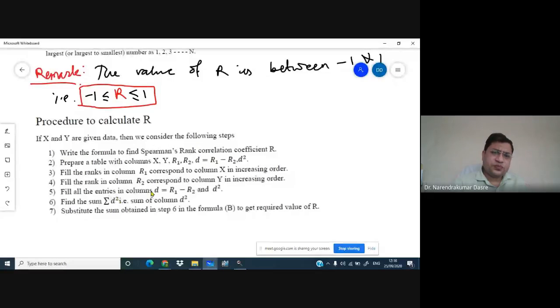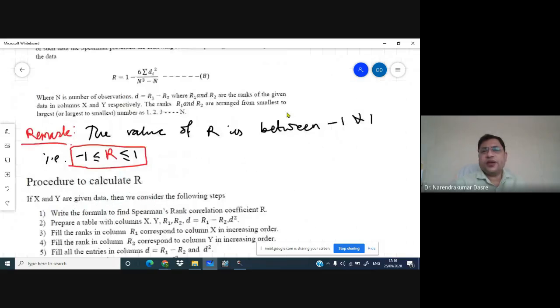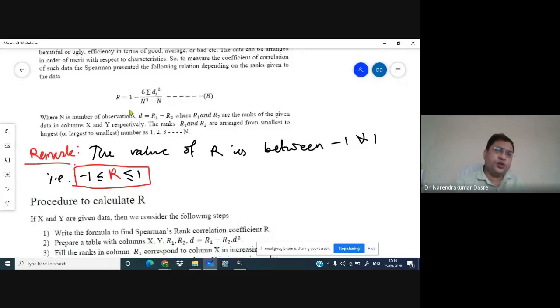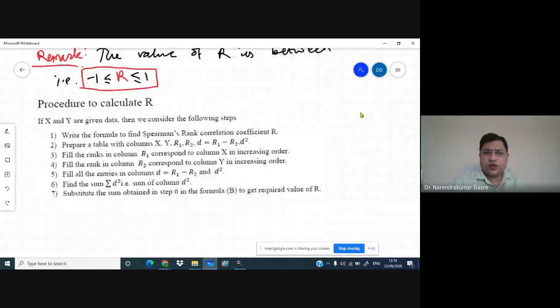And then we use this square of differences to find the value of R. Okay, so here we have to use this formula, where n is going to be the total number of observations.